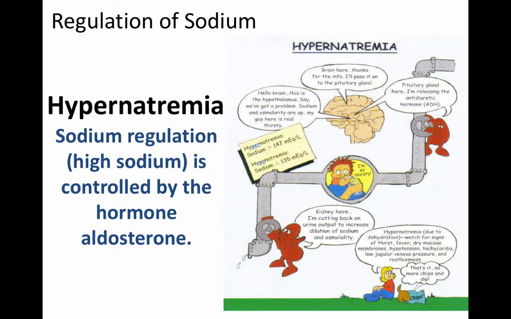So hypernatremia can be characterized or caused by dehydration. So essentially in dehydration, you've lost water, but you're not losing sodium. So the sodium is becoming more and more concentrated because you're losing the water.